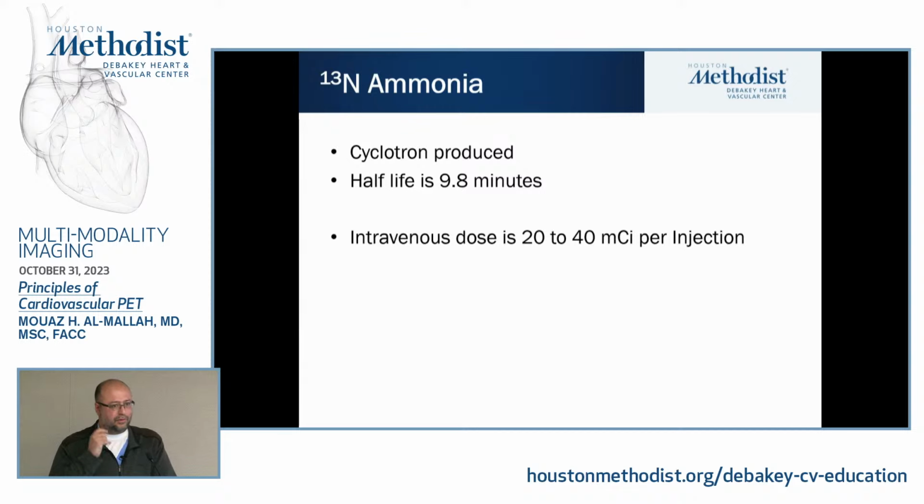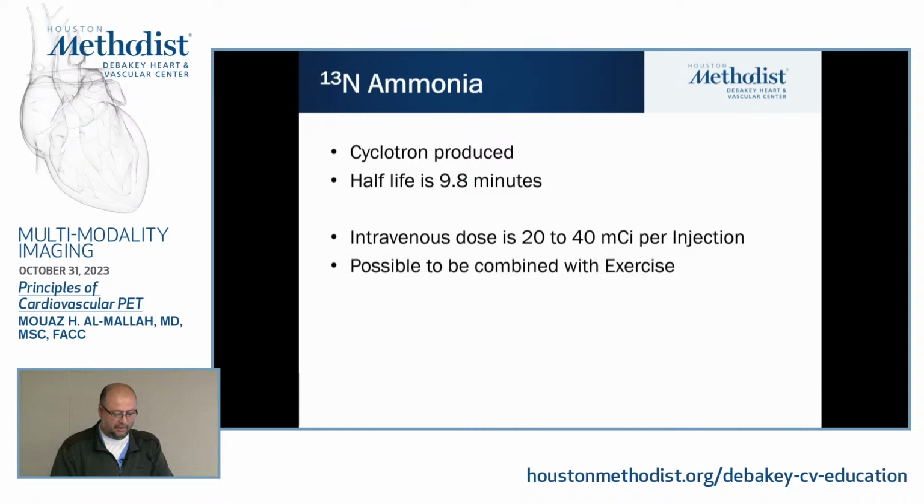And then if you're using the same dose, especially if you have an older machine, you have to do rest, wait 15 minutes for it to decay, the 5 half-lives we always talk about, and then bring the patient and do the second scan. Now with the newer systems, people are able to do low dose, high dose kind of ammonia protocols.